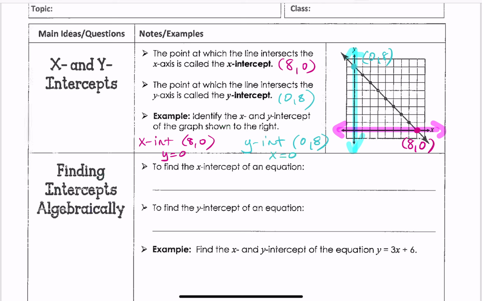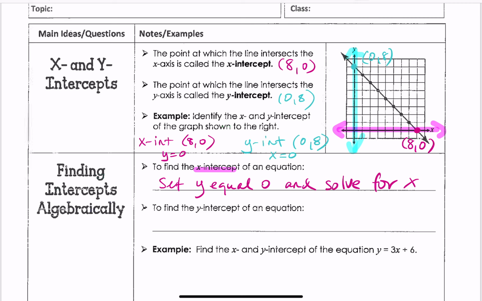When you want to find the x-intercept of an equation, you set y equal to 0 and then solve for x. That's going to give you your x-intercept.